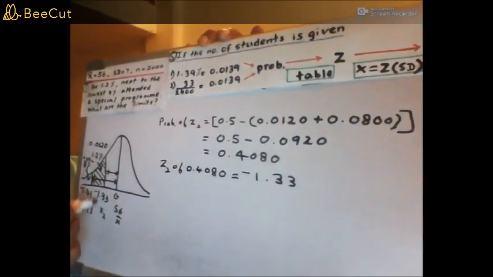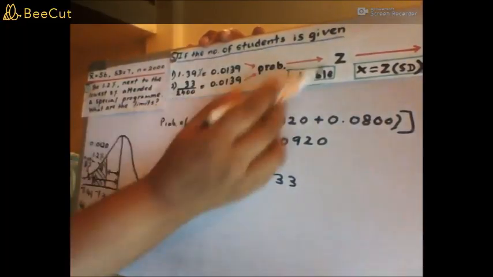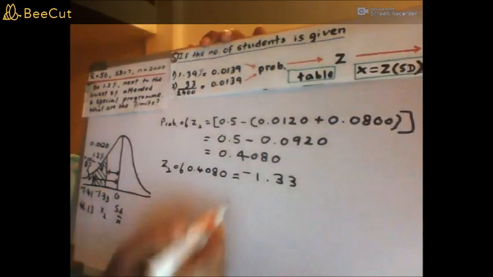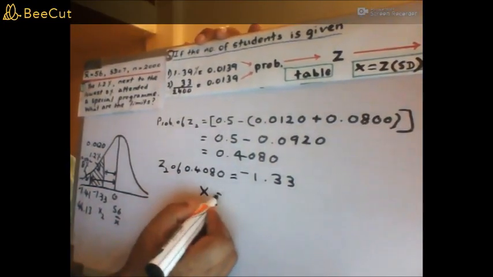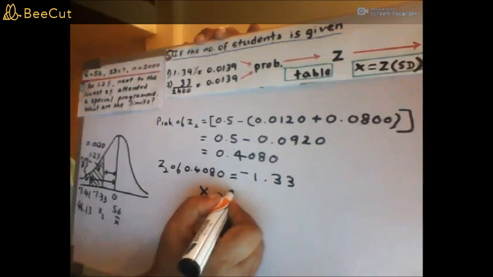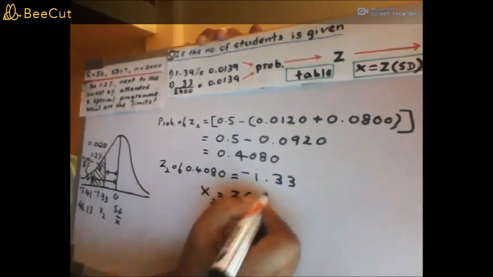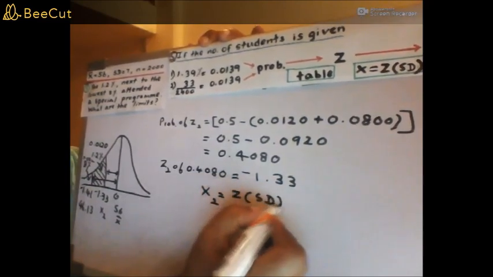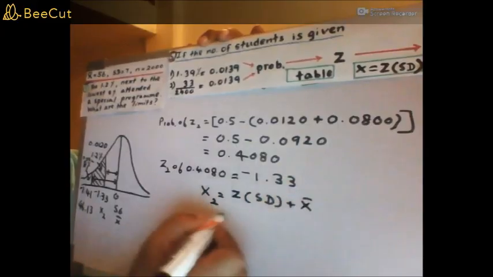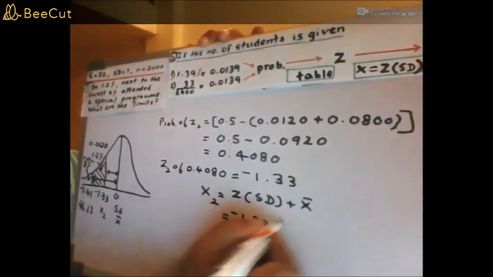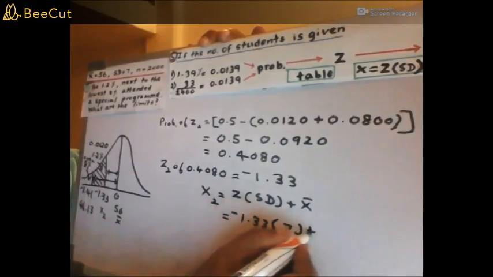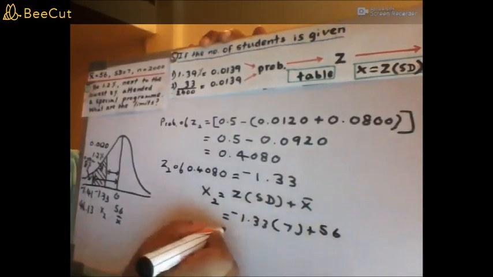Then we have to find X2 from the table. Right. So we write X2 equals Z into SD plus X bar. It is minus 1.33 into 7 plus 56.